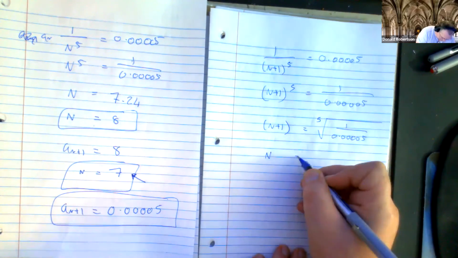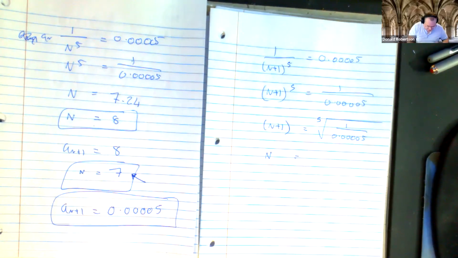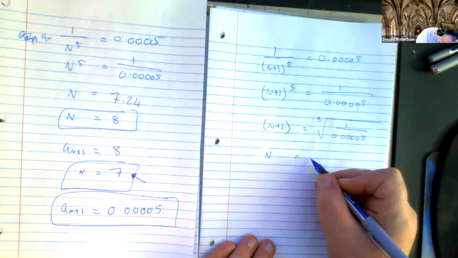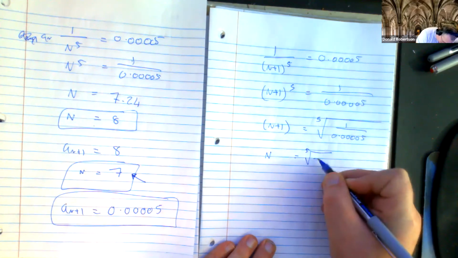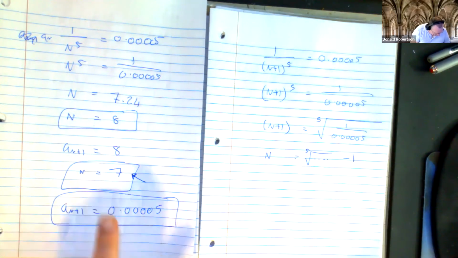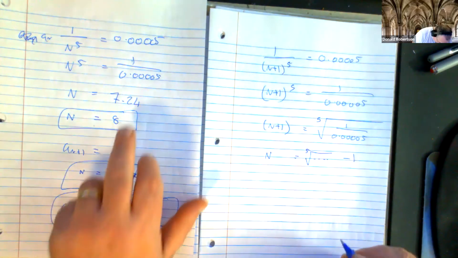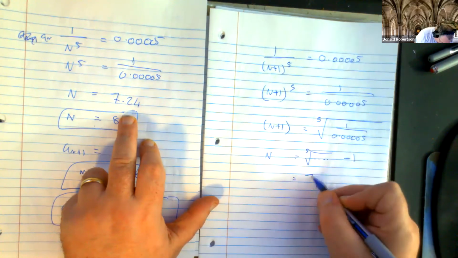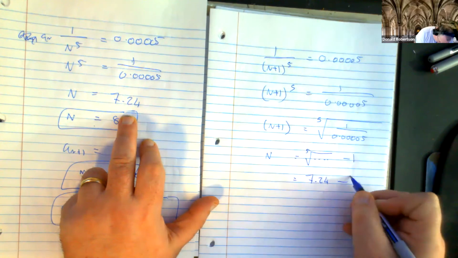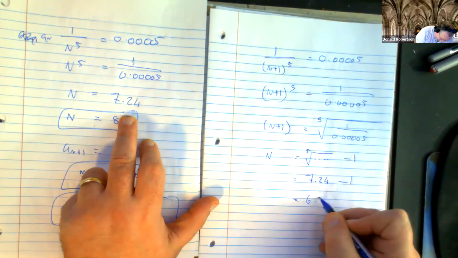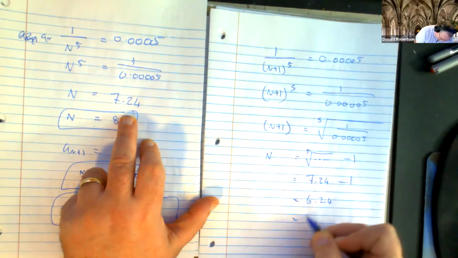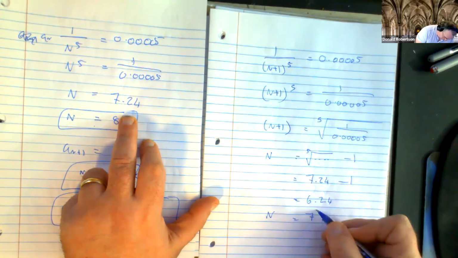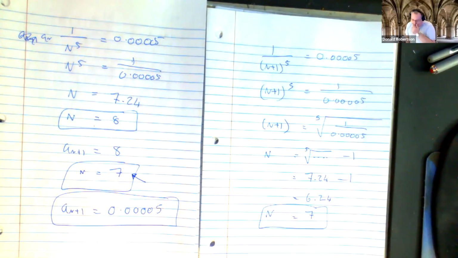And n now does represent how many terms you need to get your accuracy. So it's going to be that ugly guy, take away 1. Now we already know what that ugly guy is equal to. He's 7.24, take away 1. That gets you 6.24. And you don't have decimals. You always round up. So there's where the 7 came from.